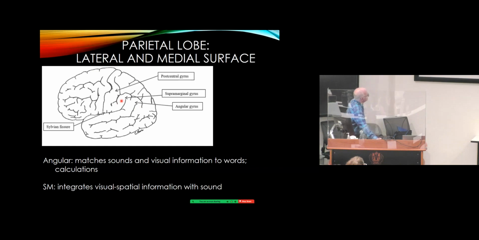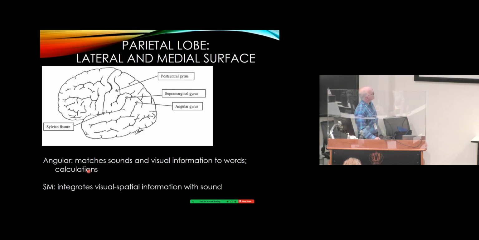The supramarginal gyrus is more important for visual spatial information, the ability to track that hawk by sound and by vision. So there's overlapping function here, but there's slightly a difference between these two. The angular gyrus on the dominant hemisphere especially is important for math calculation ability.